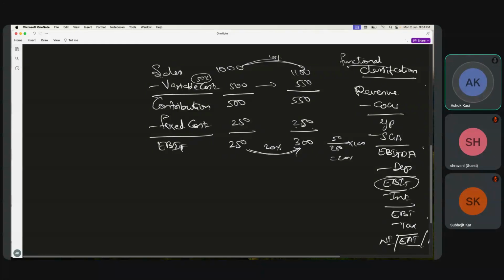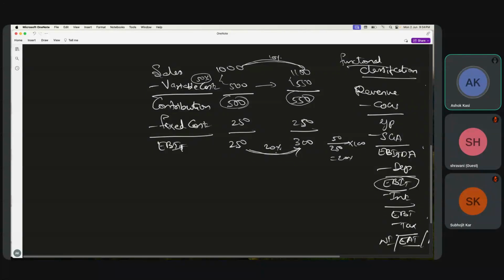Why is this happening? It should be going up only 10 percentage, no? Why so? That is because, see here, the contribution percentage did not change. Here it is 50 percentage, and here also it is 50 percentage only.